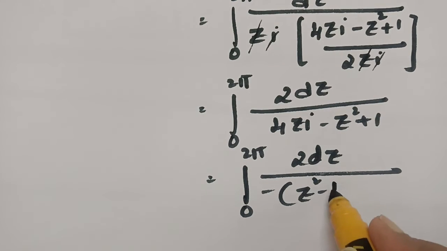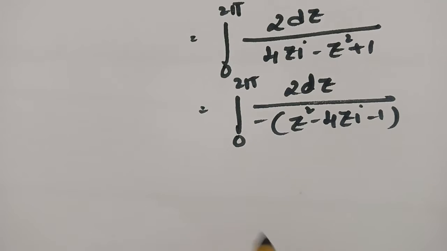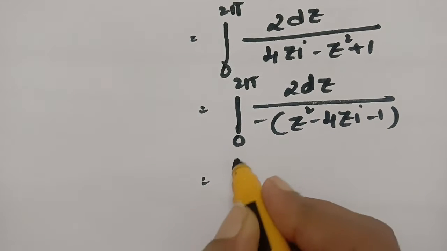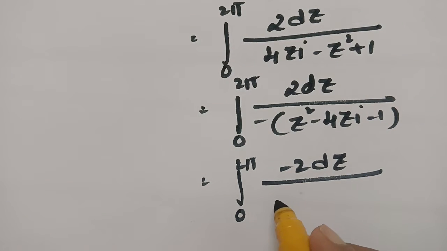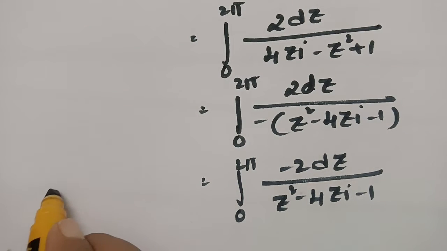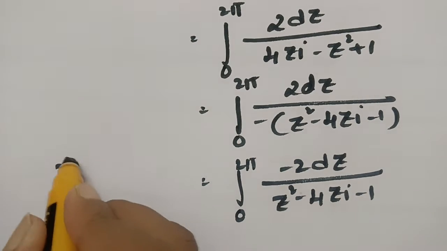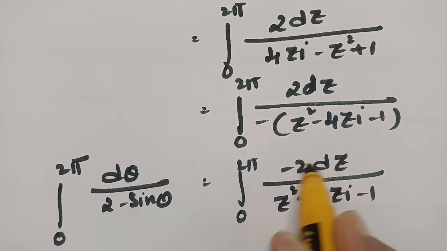This will be z square minus 4zi minus 1. So the value here is integral of minus 2 dz by z square minus 4zi minus 1. Therefore, our integral 0 to 2 pi d theta by 2 minus sine theta is transformed like this.